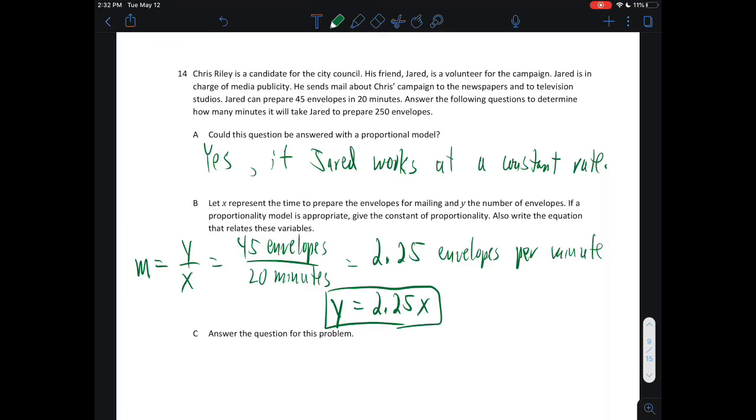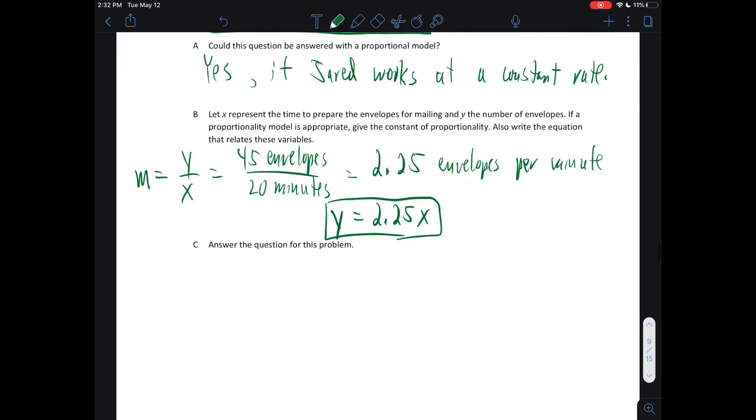So now, use this to answer the big question. How many minutes will it take Jared to prepare 250 envelopes? Remember, Y stands for envelopes. So how much time, X, to prepare 250 envelopes?